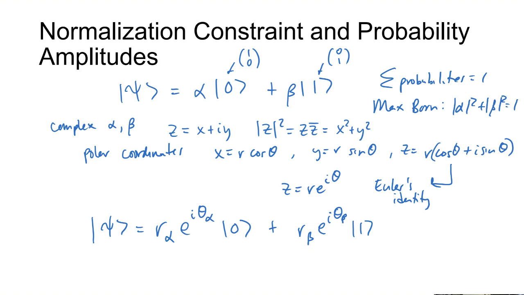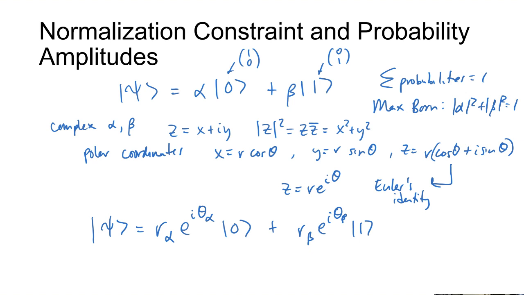And then we can use Euler's identity to write down that z equals r e to the i theta. So that gets us another way to write down a quantum state. We can write it down as r alpha, some real constant, times e to the i theta alpha times 0, plus r beta, e to the i theta beta times 1.